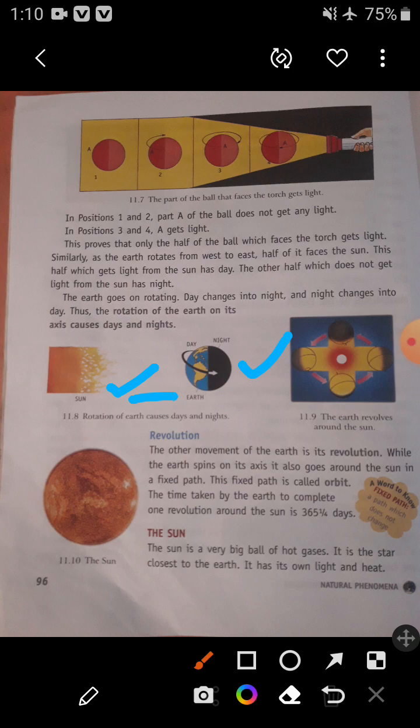Students, the sun is a very big ball of hot gases. It is the star closest to the Earth. It has its own light and heat. Do you know the sun is about 150 million kilometers away from the Earth, and the surface of the sun is very hot, about 6000 degrees Celsius?